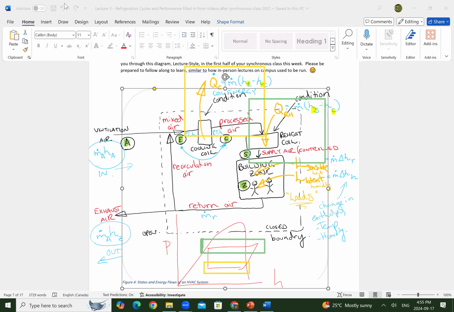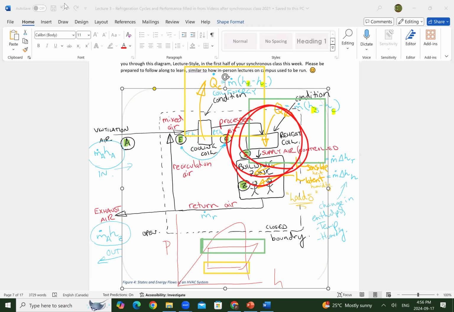The fluid is going to gain some enthalpy according to the flow rate of the fluid as it sucks in energy from the room.